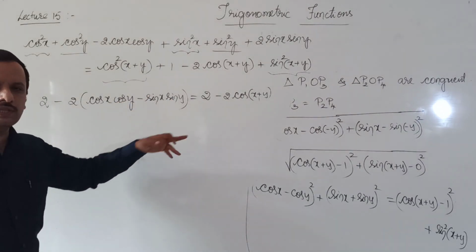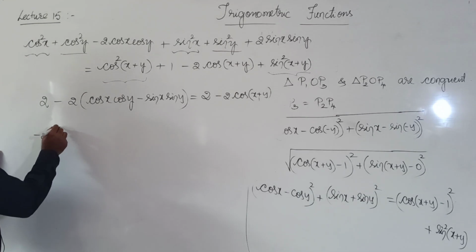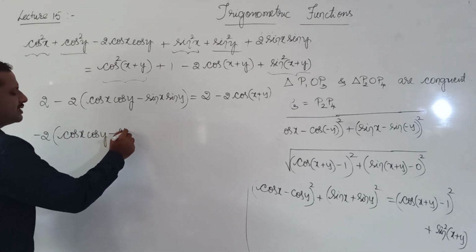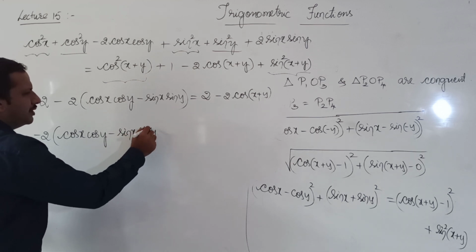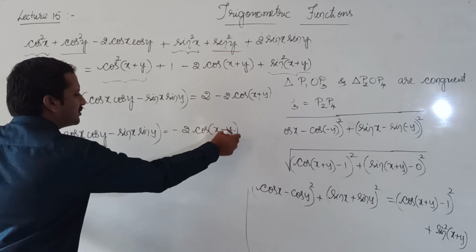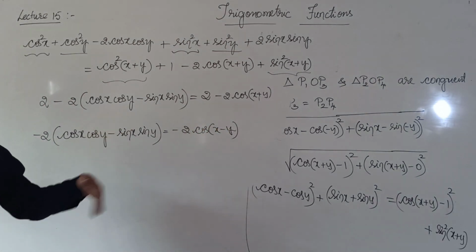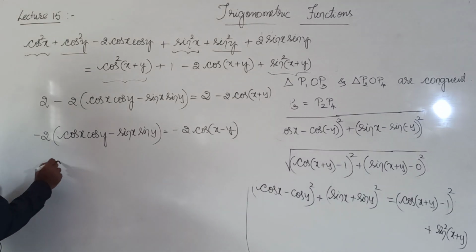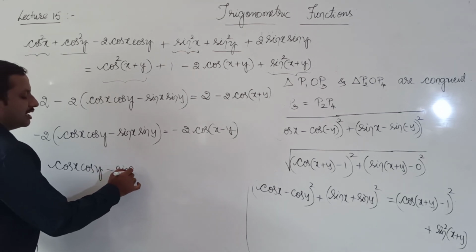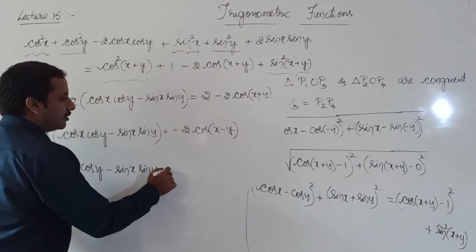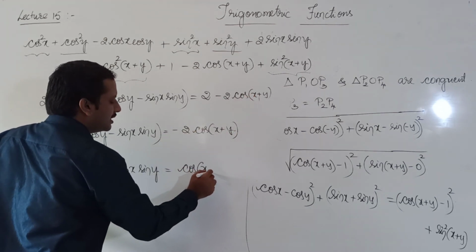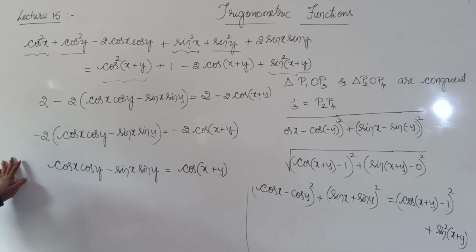Then you have minus 2 into (cos x cos y − sin x sin y) equal to minus 2 into cos(x+y). Okay, minus 2 gets cancelled. Then what will remain? cos x cos y minus sin x sin y is equal to cos(x+y). That is what we want to prove.